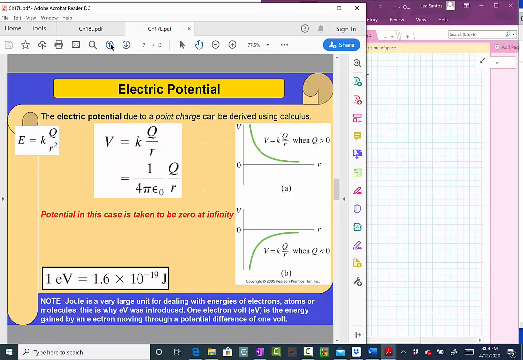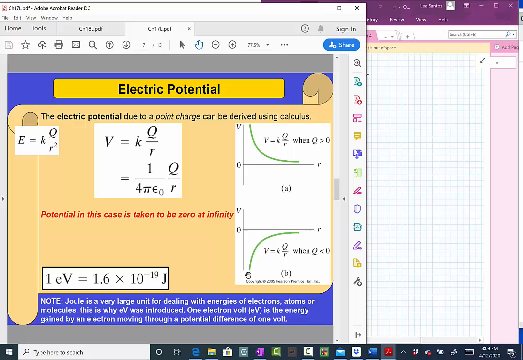And as you have in these slides, we can plot the potential versus R. If the charge is positive, this potential is positive, very close to the particle. If this R is very small, this potential is very large. As we move away from the particle, this potential is going to become smaller and smaller. If the charge is negative, since we care about the sign of this Q, the potential will be negative.